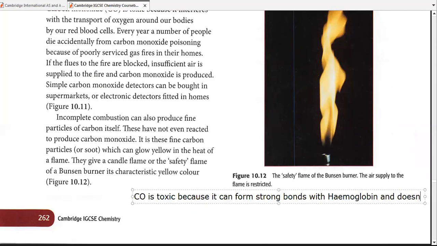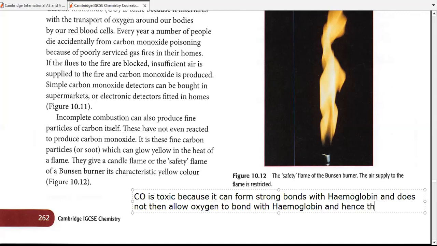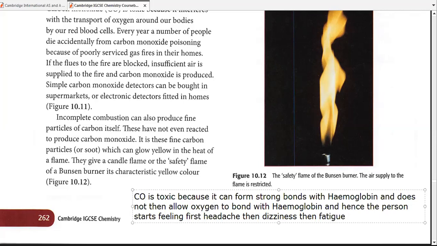Hemoglobin does not then allow oxygen to bond with hemoglobin, and hence the person starts feeling first headache, then dizziness, then fatigue, leading to unconsciousness, or maybe death by asphyxiation.